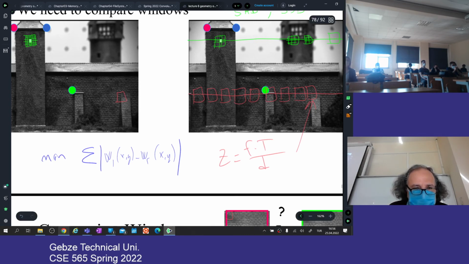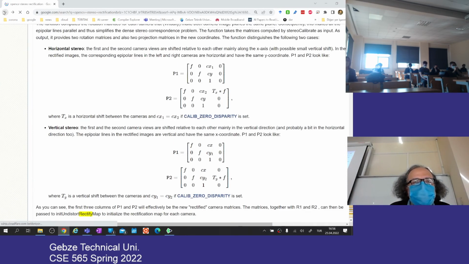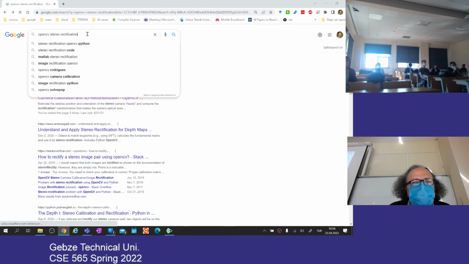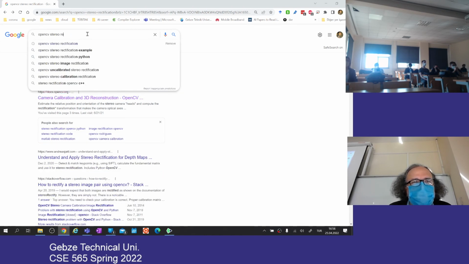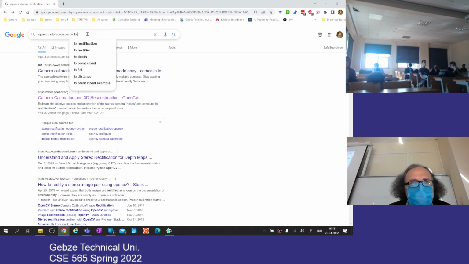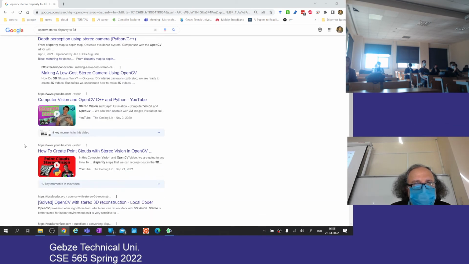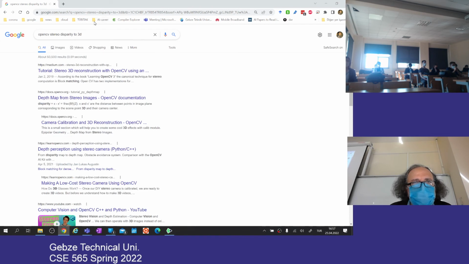3D points. Let me see if OpenCV has a function from disparity to 3D. OpenCV stereo disparity to 3D, yeah, good. Depth map from stereo images, camera depth perception, well, disparity to points.